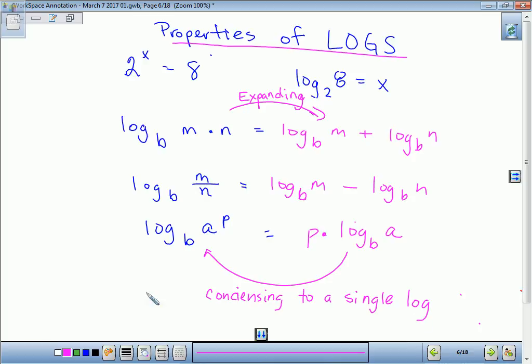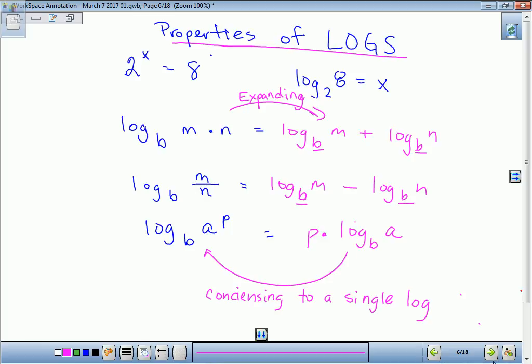To be able to condense to a single log, you're going to notice that you must have the same base every time. So that's what we're going to practice today. Starting with things that are products, quotients, or powers and expanding it, or starting with a sum, a difference, or a product and rewriting it as a single log.